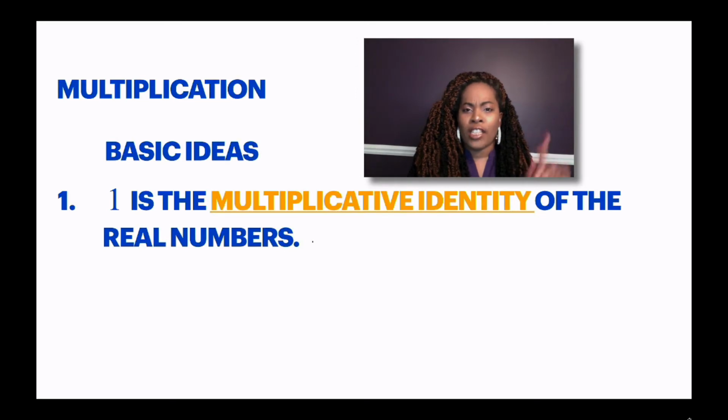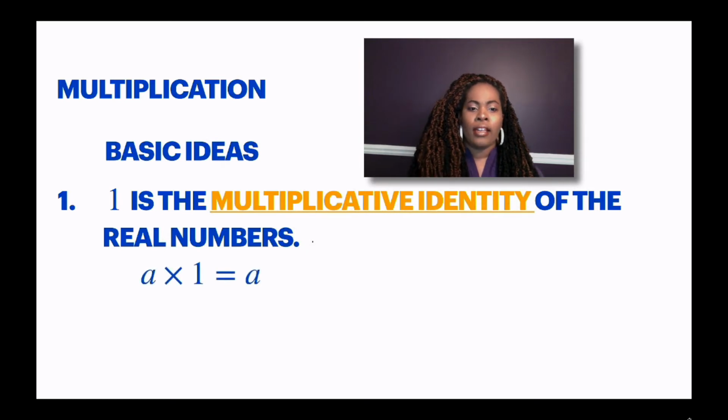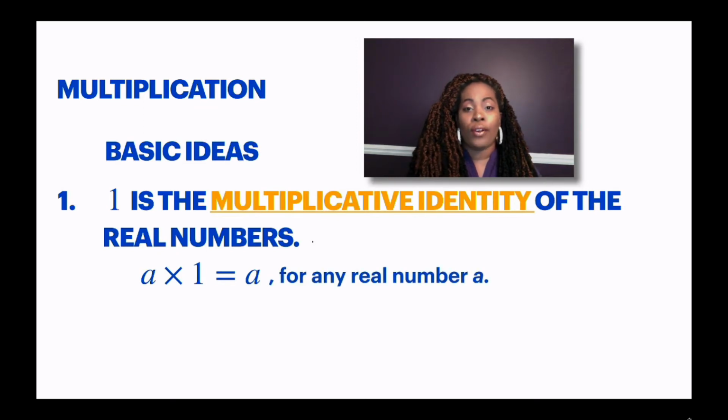So, the first basic idea I want you guys to write down in your notes is that the number 1 is the multiplicative identity of the real numbers. Again, the number 1 is the multiplicative identity of the real numbers. For example, what this means is that A times 1 equals A, and A can represent any real number.